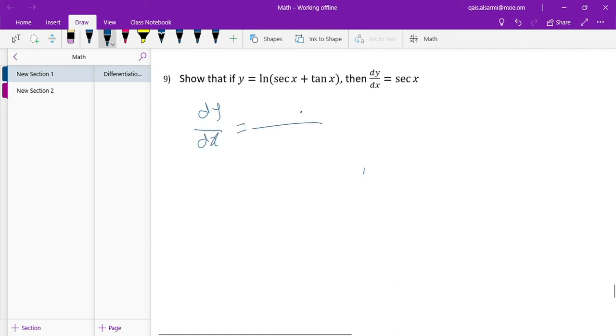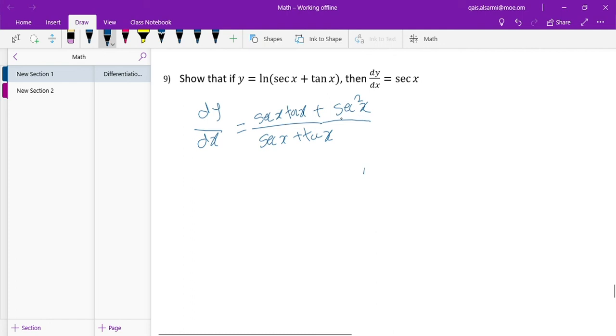How to differentiate? What is the main function? It is ln. How to differentiate ln? Put the function as it is down, then differentiate it up. What is the derivative of sec? From the formula sheet, it is sec tan. What is the derivative of tan? Again, from the formula sheet, it is sec squared.